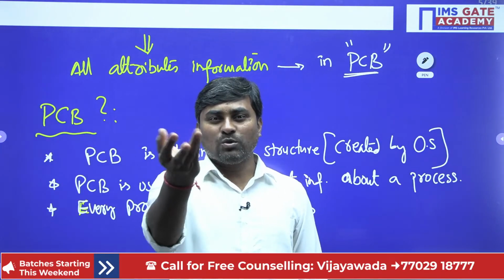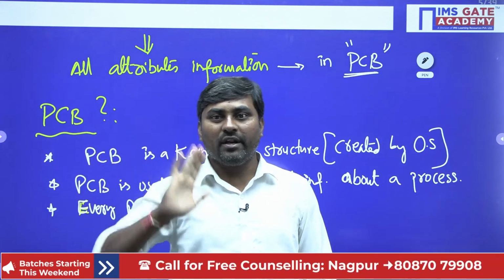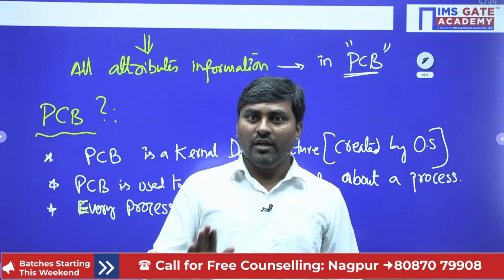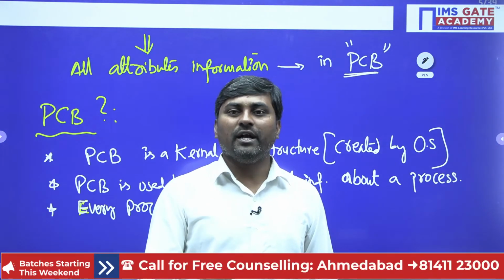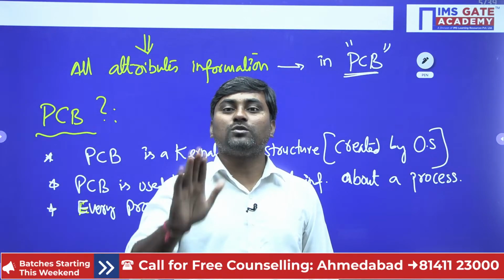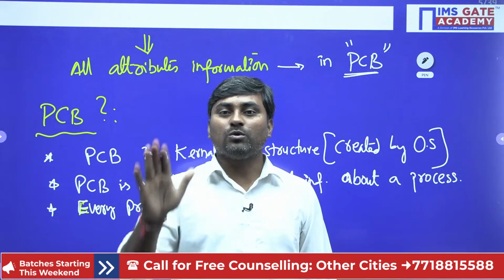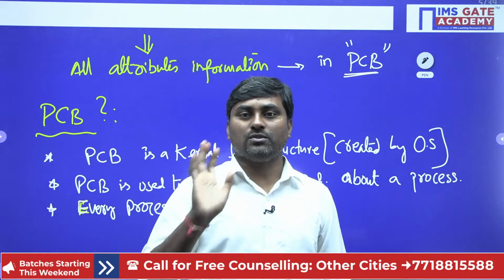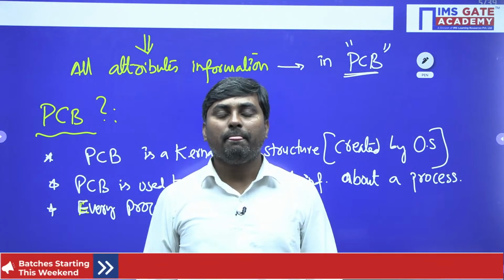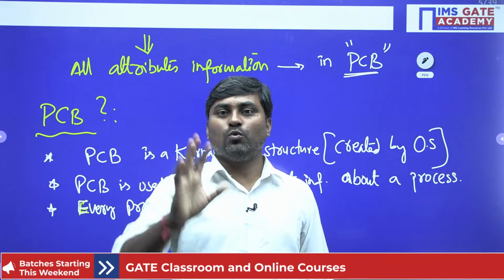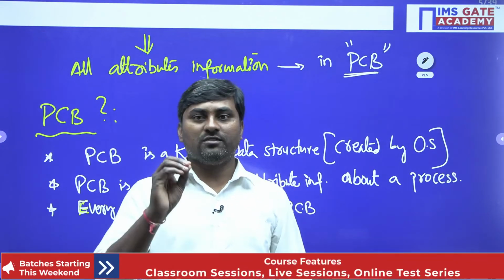In the college, if 1000 students are there, 1000 ID cards will be created by the college management. In the operating system also, if the OS creates 1000 user processes, it means 1000 PCBs, 1000 data structures are created, one for each process. Each process has its own PCB. I hope this is clear.